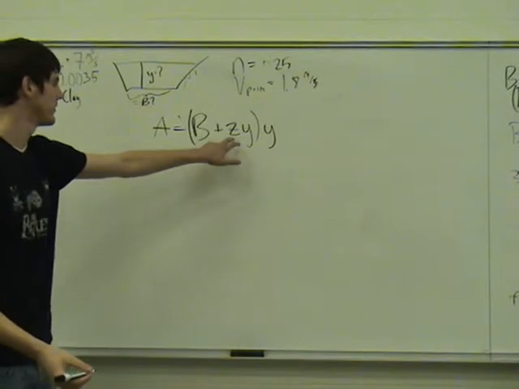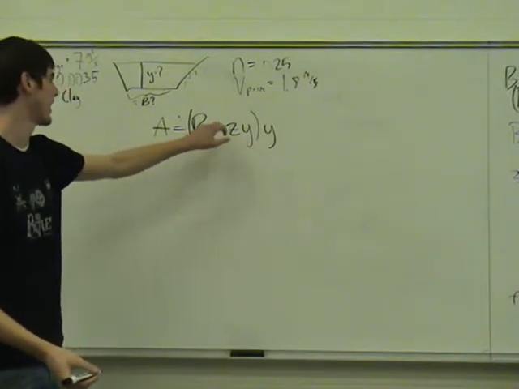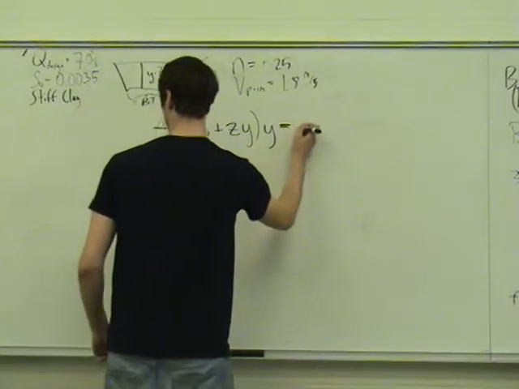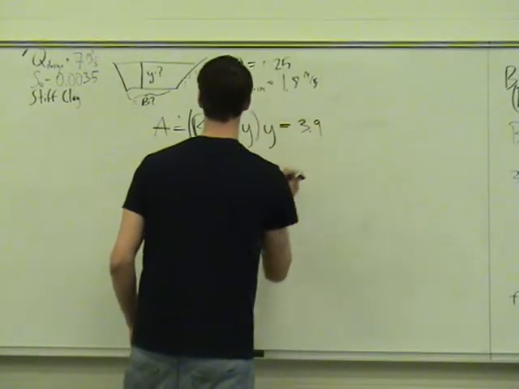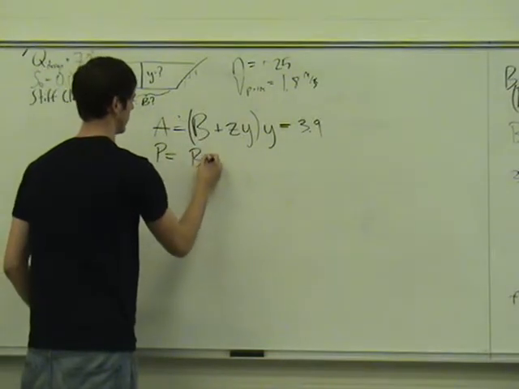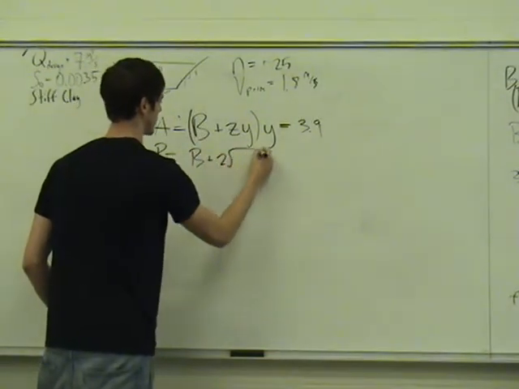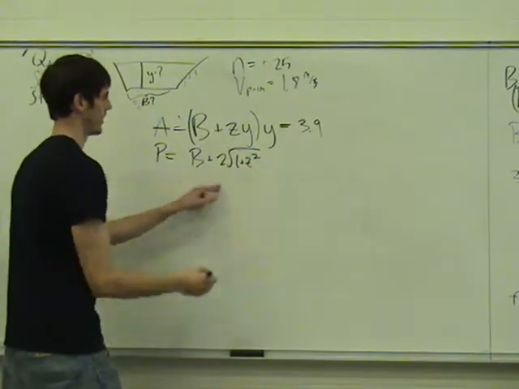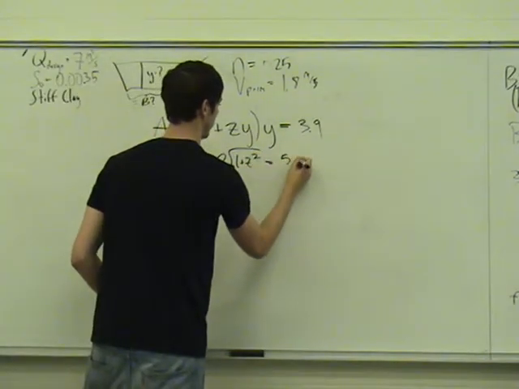The bottom width plus the side slope times the height, all multiplied by the height of water. We already know that value to be 3.9. Now we know the perimeter is equal to B plus 2 times the square root of 1 plus z squared, which we've already calculated to be 5.9.